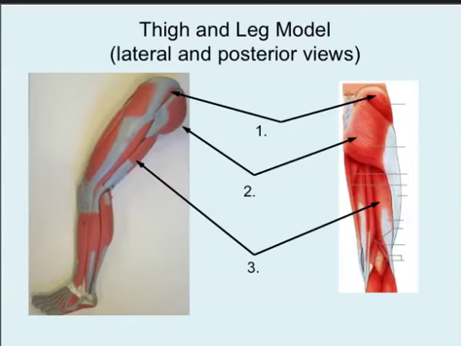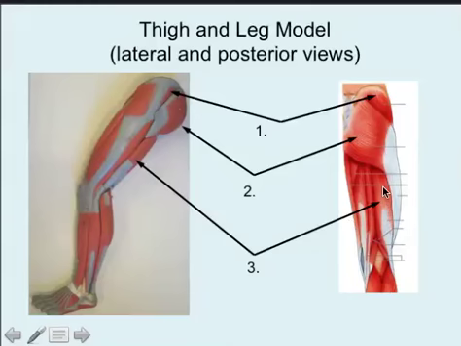Okay, thigh and leg, what are we looking at? Muscle number 1, the gluteus medius. Muscle number 2, the gluteus maximus. Muscle number 3, the semitendinosus. Okay, now the semitendinosus is a member of a group of 3 muscles known as the hamstring group. And I'm sorry, my mistake. Muscle number 3 is the biceps femoris.